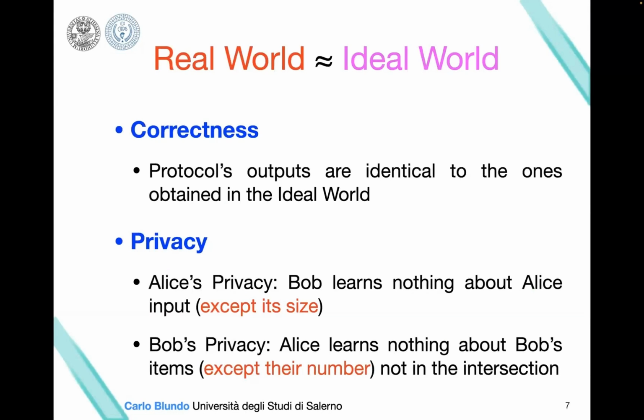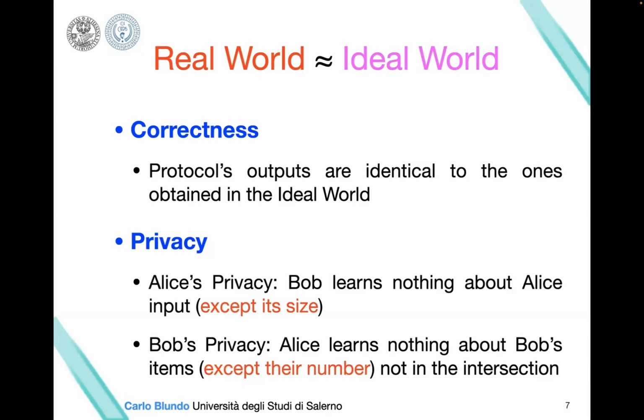Obviously, there should be some relation between the real world and the ideal world, so that the two worlds correspond in some way. The properties that have to be satisfied are two. Correctness means that the protocol outputs in the two worlds are identical. So in the real world, we can compute the same information computed in the ideal world. And then there is privacy.